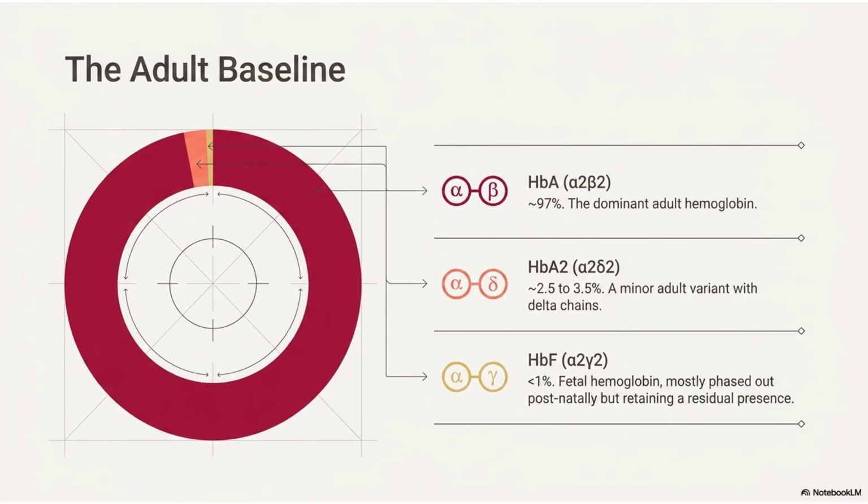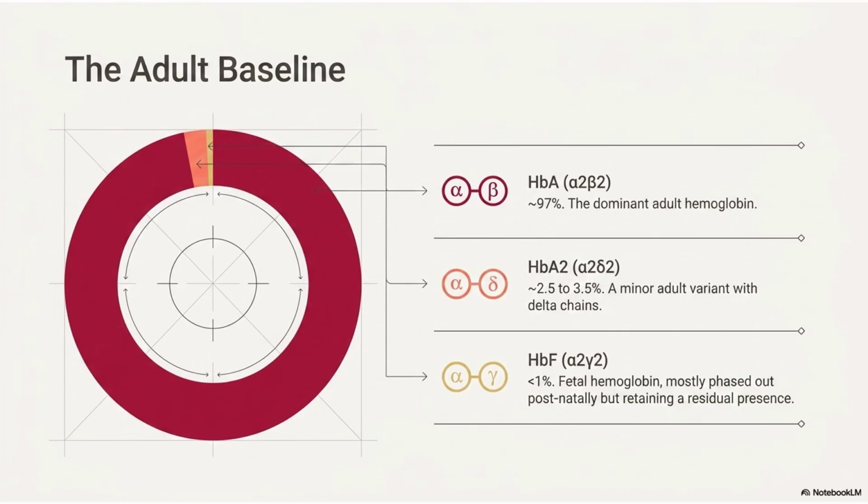Functionally, HbA2 transports oxygen just like HbA, but clinically it becomes very important because abnormal HbA2 levels help diagnose disorders such as beta thalassemia. Finally, you'll notice a third form listed on this slide, hemoglobin F, or fetal hemoglobin.